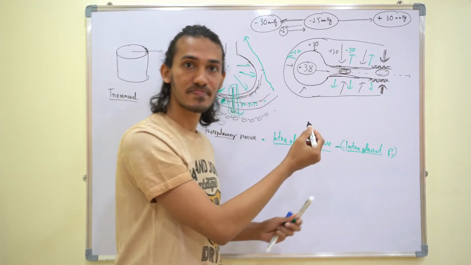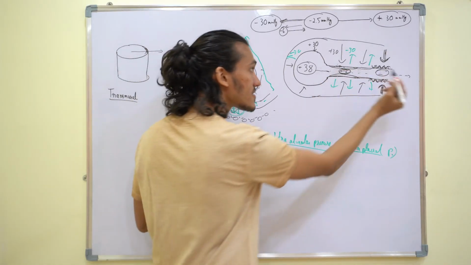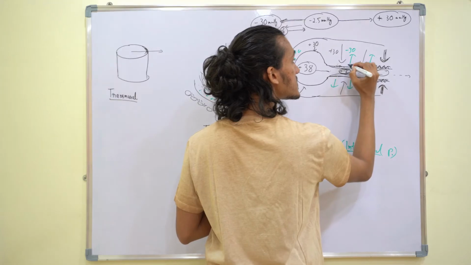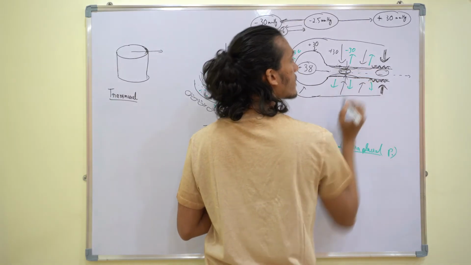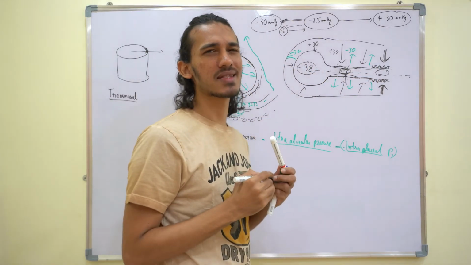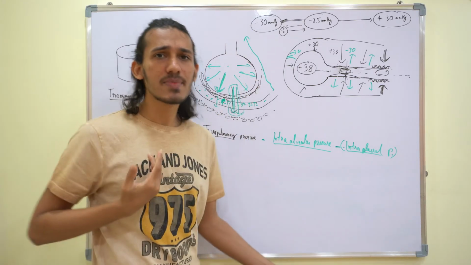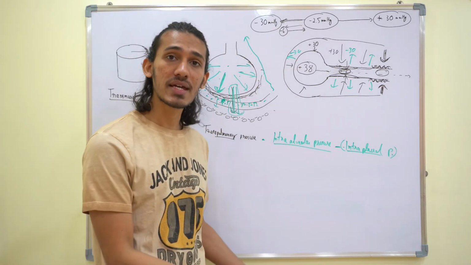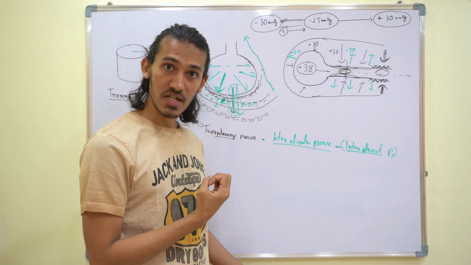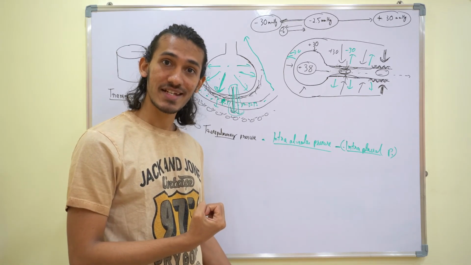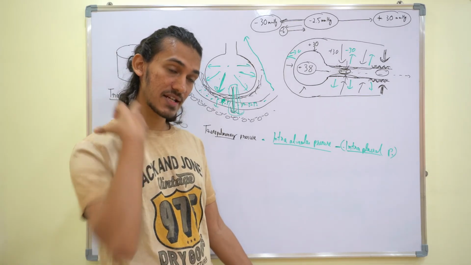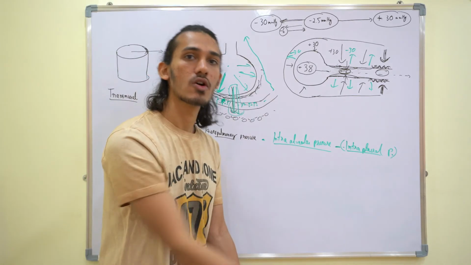So this is further compressed during expiration. So this person during inspiration has no problem, but when he's trying to expire, he has an obstruction which is further complicated and worsened, and he finds it difficult to expire the whole volume out.